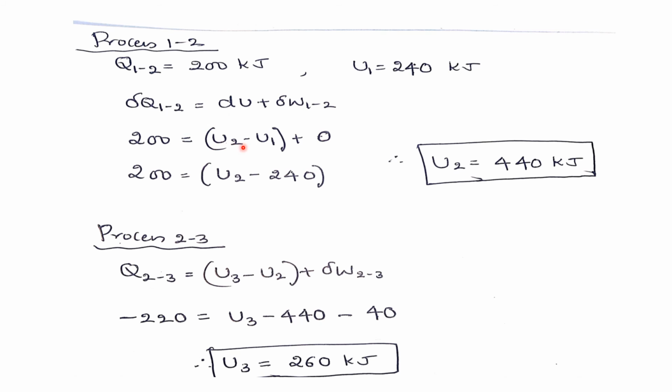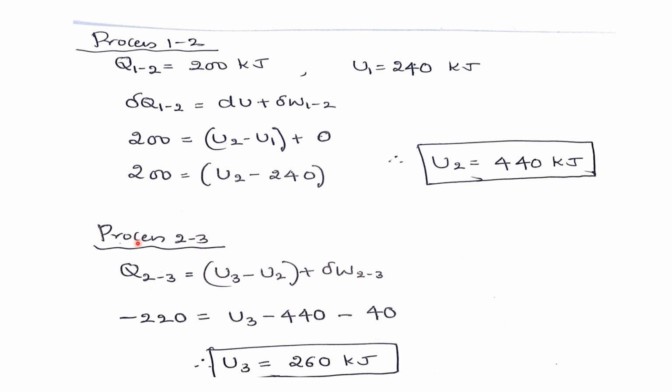Du is nothing but U2 minus U1, plus delta W is 0, because work done during a constant volume process will be 0. No necessity of calculating this. So 200 is equal to U2 minus 240. Therefore U2 is equal to 440 kilojoules. Now the internal energy at point 2 is calculated.